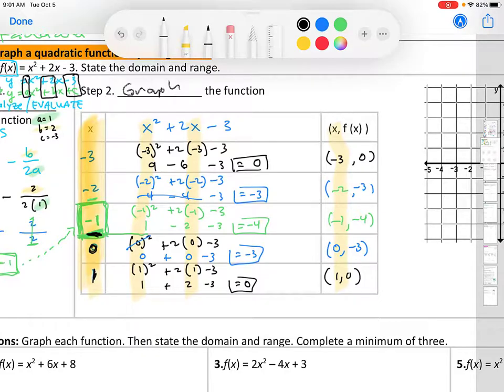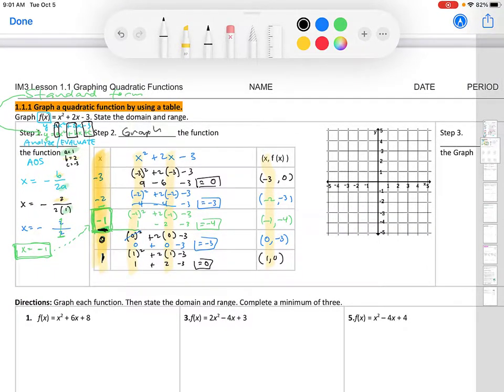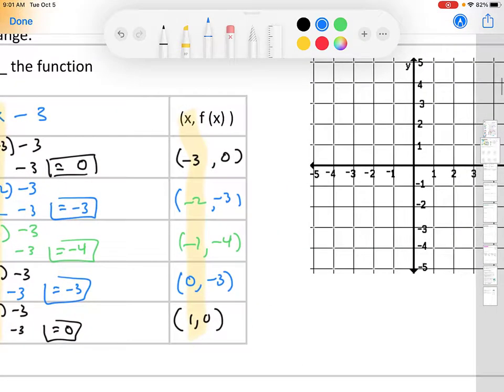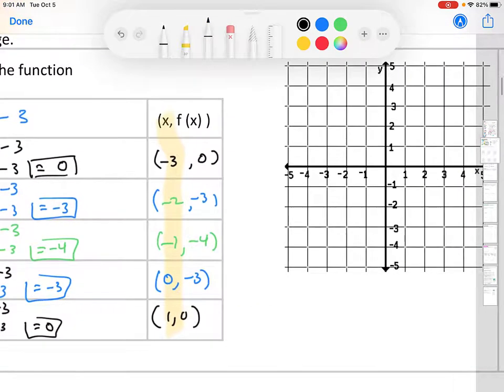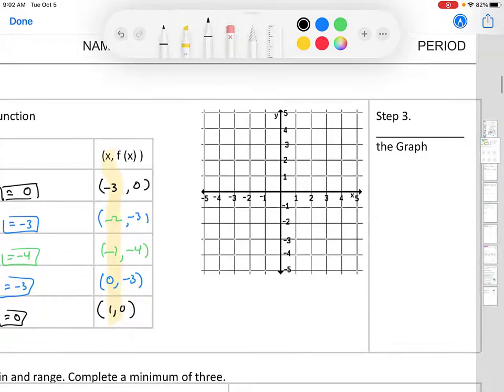Okay, so that's how you graph a quadratic function in standard form, get to ordered pairs. And let's go ahead and graph this now. Let's graph this one over here in black. So again, you have your x's, and the y-axis is like your f of x.